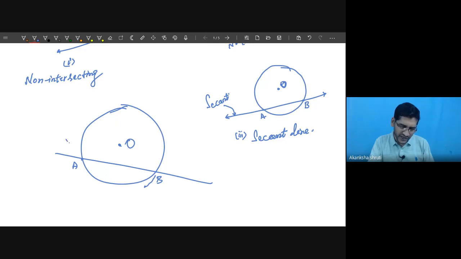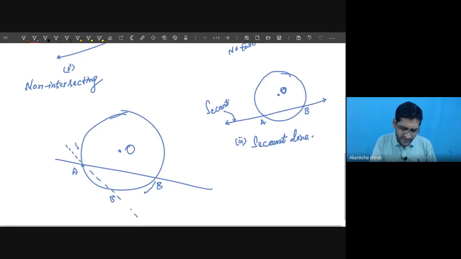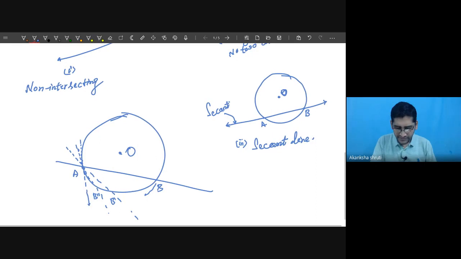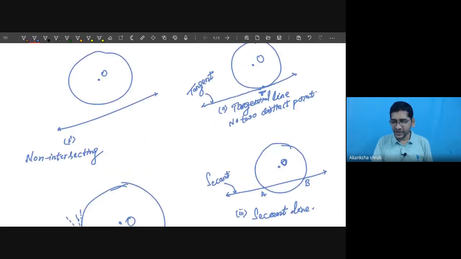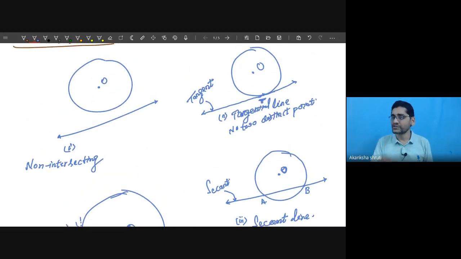Then how does this line become? It becomes somewhere like this. So it can be B dash. Further, you can bring it out. It can be B double dash. Lastly, you will get just only one point which is common. So the secant gets converted into a tangent when A and B are coinciding.